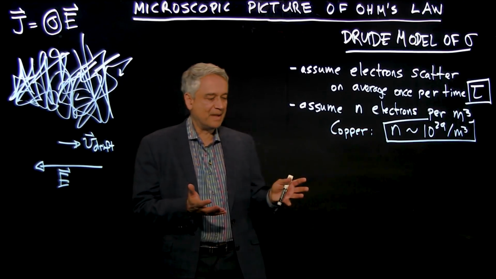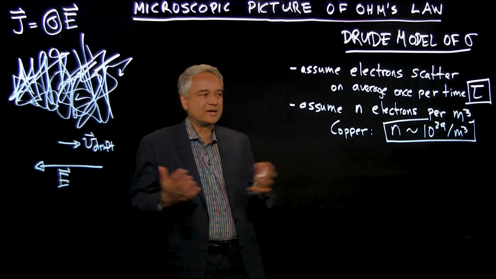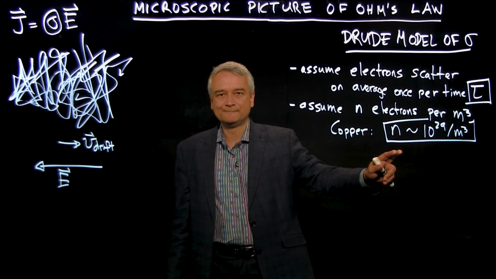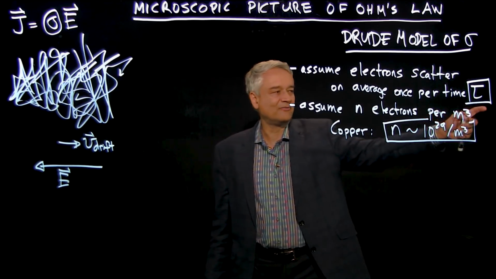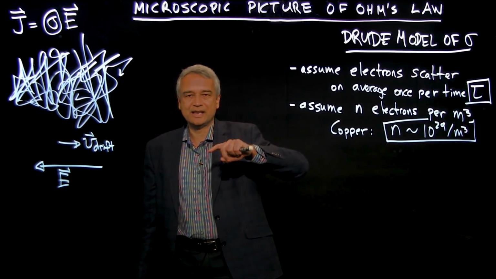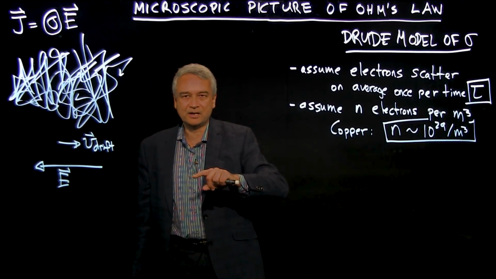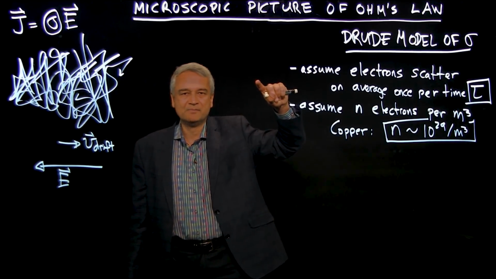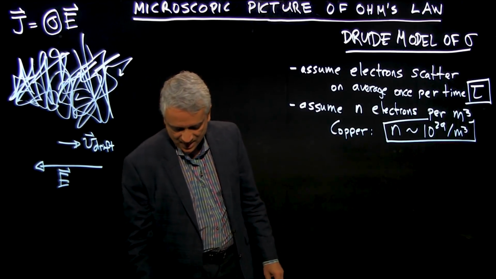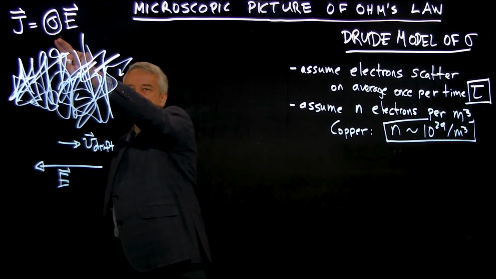So I have a material, let's say copper is my example, which I characterize microscopically by how many electrons it has per cubic volume, n, and by, on average, how long in time do those electrons whiz between one scattering and the next, and that's tau. And so now we want to relate n and tau somehow to this conductivity sigma.